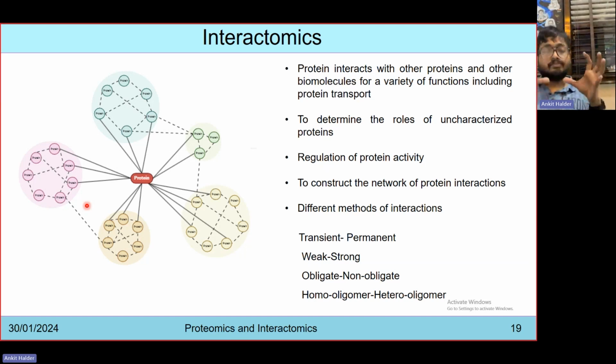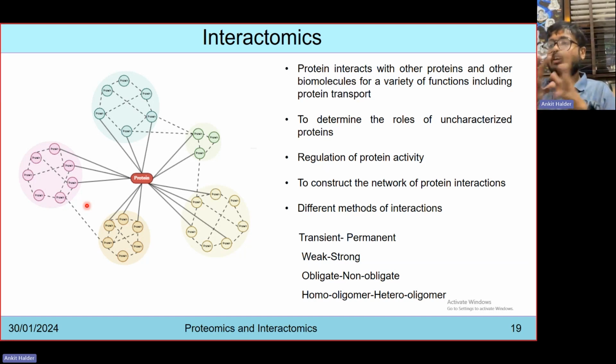This forms a network, the whole complete interactome network, which leads to the functionality of another. So one protein can lead to the activation of another protein, or can lead to the down regulation of the activity of another protein.